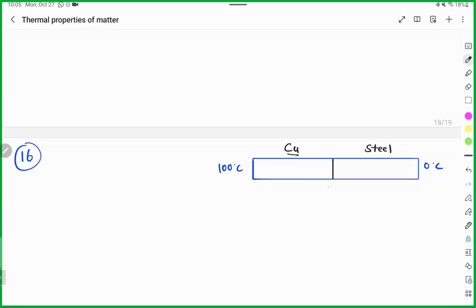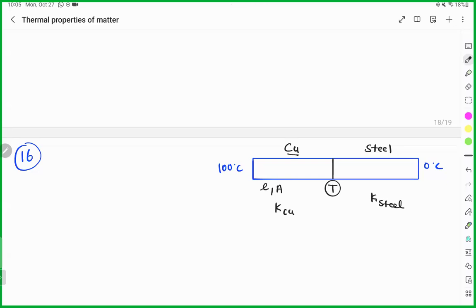You have to find what is the temperature at the common junction. What is this temperature T? Both have the same length and same area. Even thermal conductivity of copper is given and thermal conductivity of steel is also given. You have to calculate the common temperature.